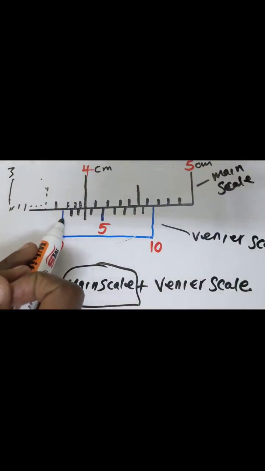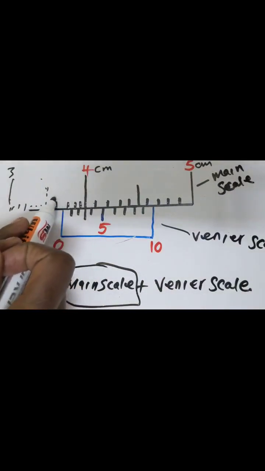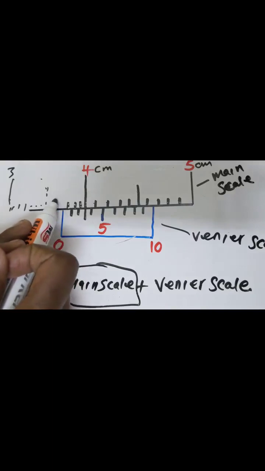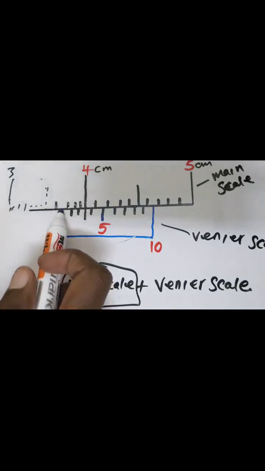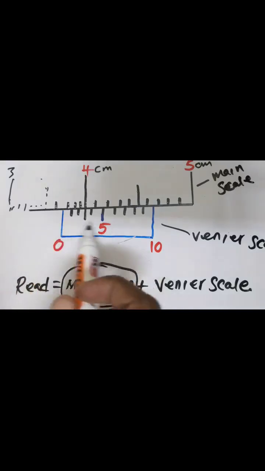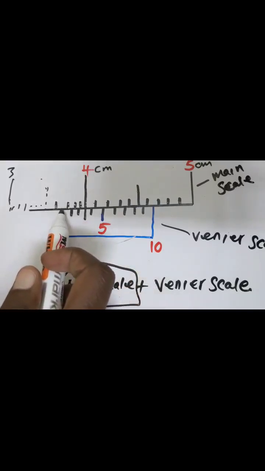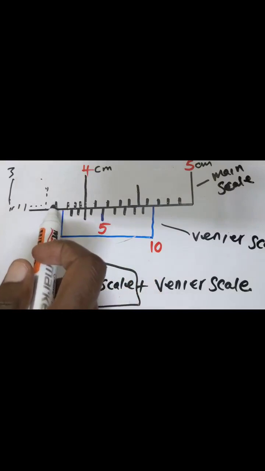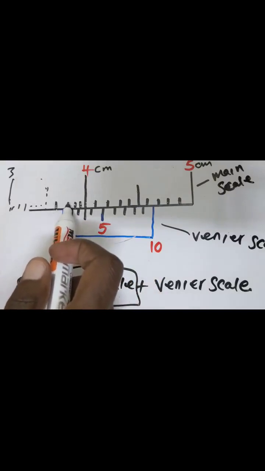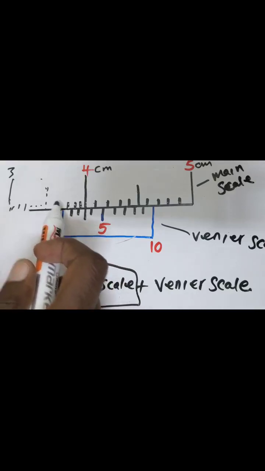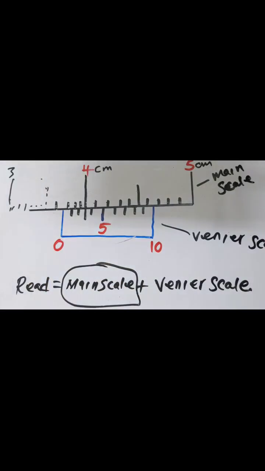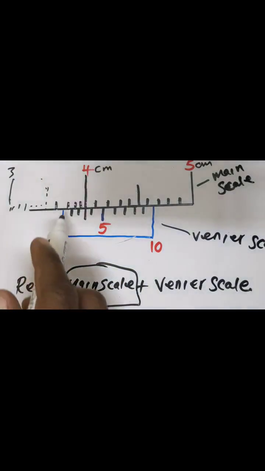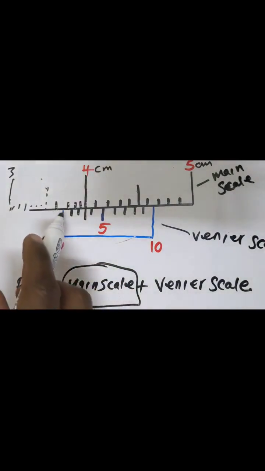The 0 is here, so if we say before, it is from here. This is the 0 of the Vernier scale, so before the 0, it is here. This is after the 0, but this is before the 0 of the Vernier scale.